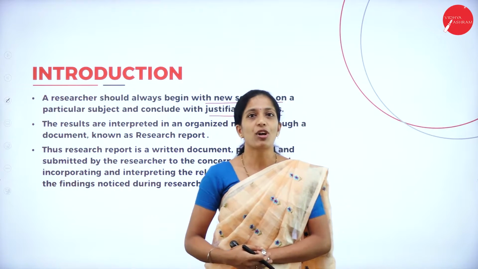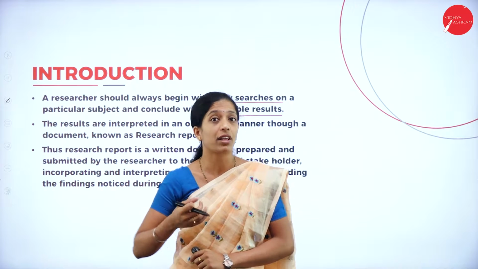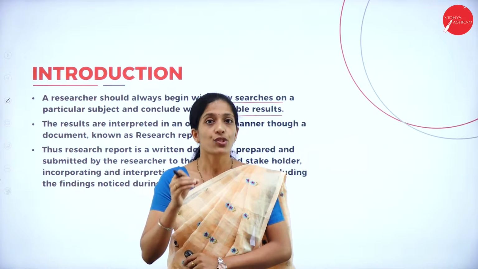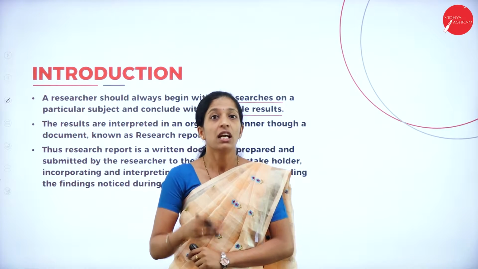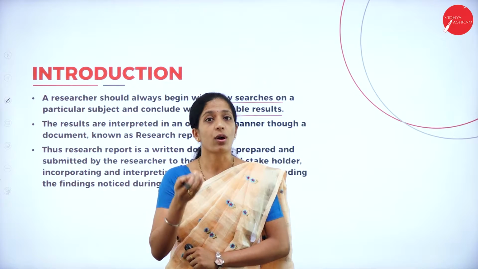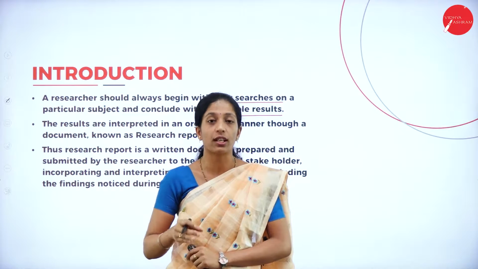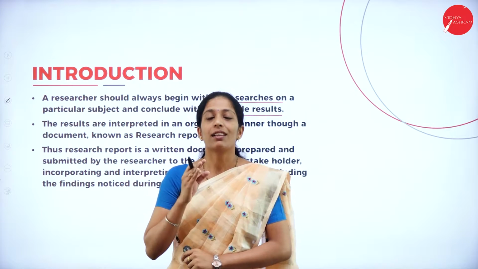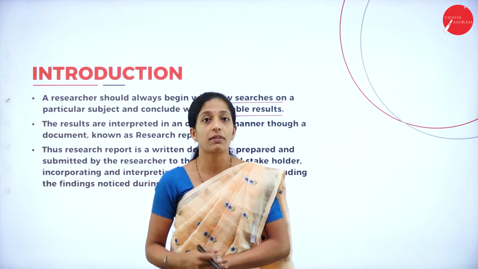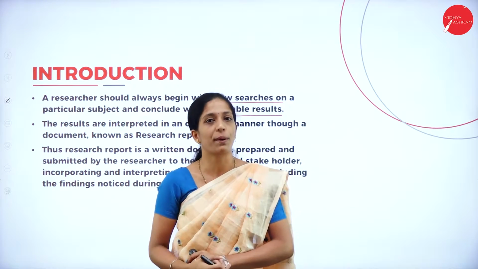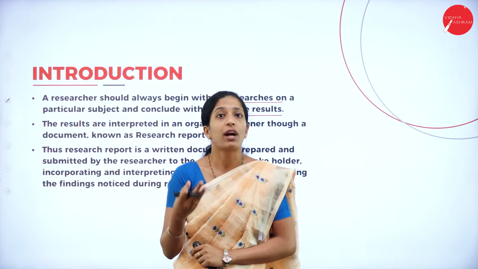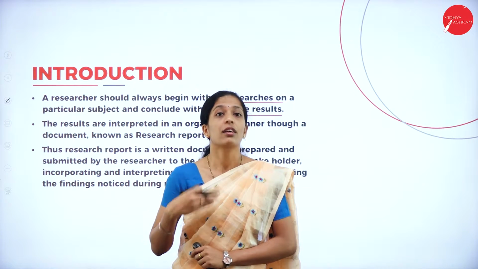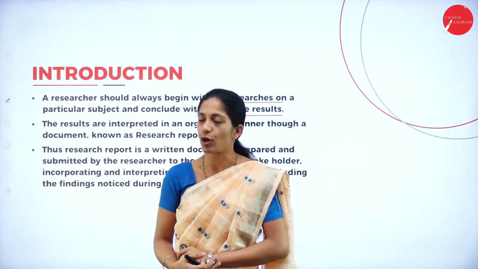So, if we speak about business research, which will be having various types of problems, in order to solve those problems, the researcher has to collect the information or data. So, the main intention of research activity is to find a solution to a particular problem or to find out new things.